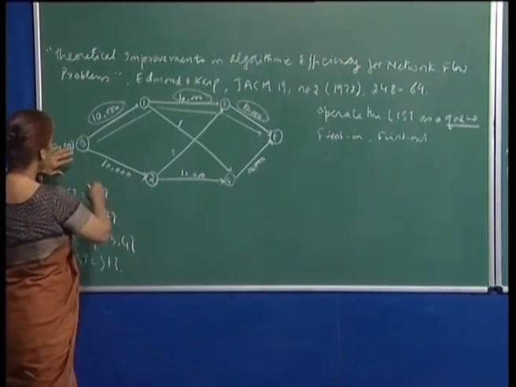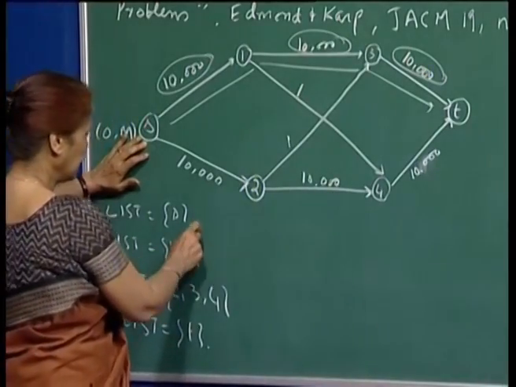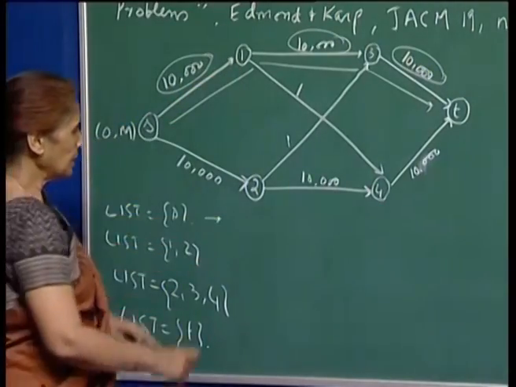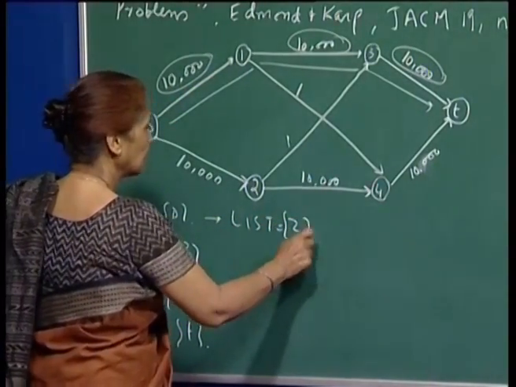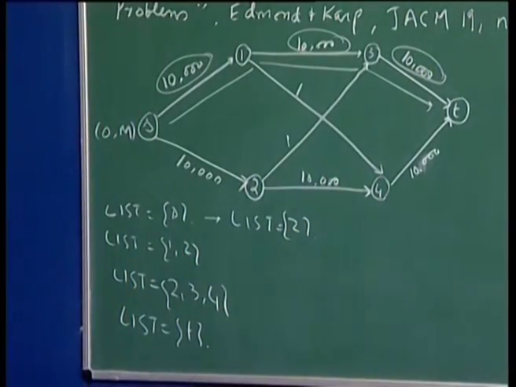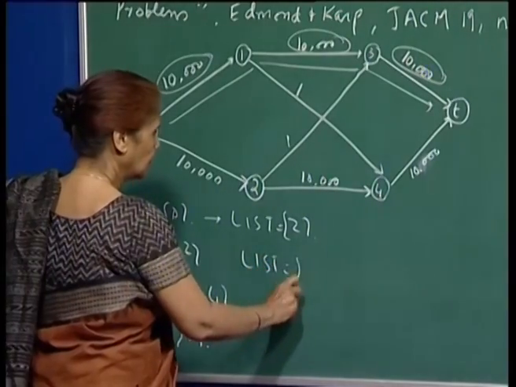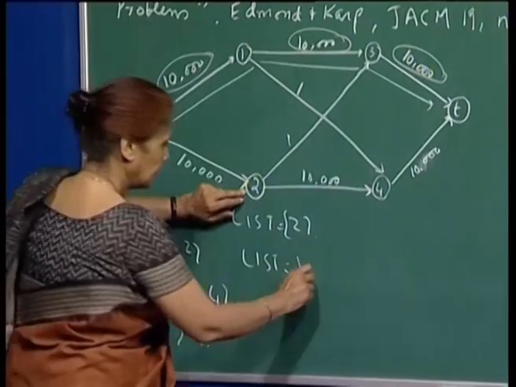So, here we will again start from here, then you can label. So, here the list will be this, and then from here you cannot label 1, you can only label 2. So, the second iteration, this will be simply 2, and then when you want to scan node 2, from 2 I can go to 3 and 4.